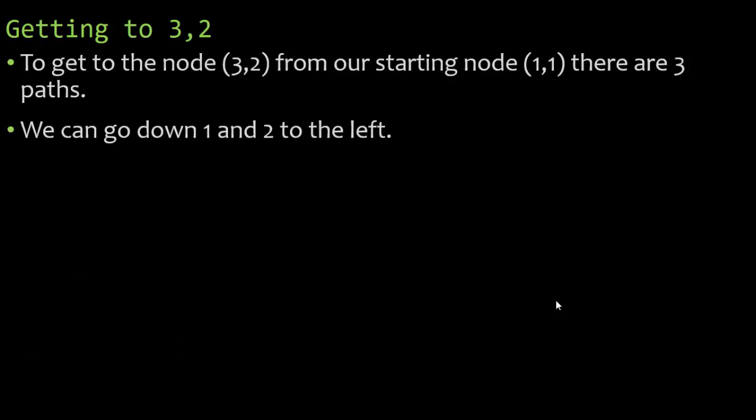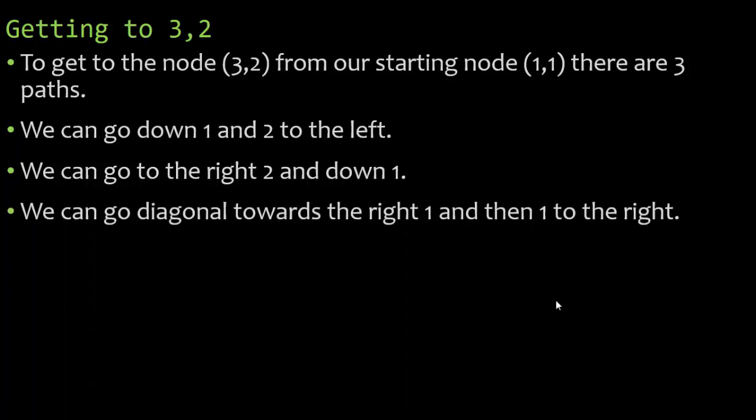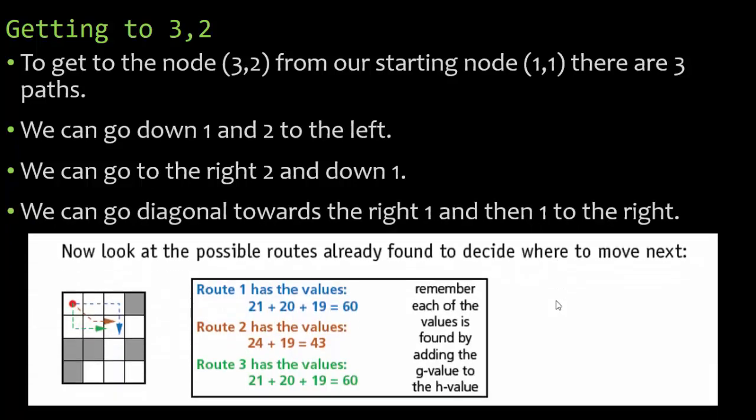I can go down 1, 2 to the right. I can go to the right 2 and down 1, or I can move diagonally down and then right 1.